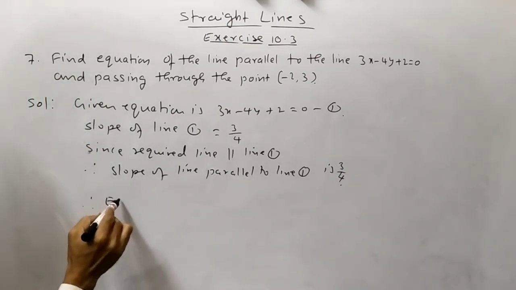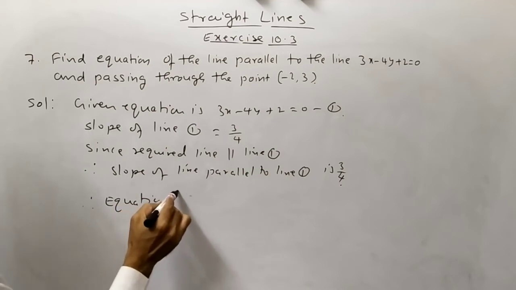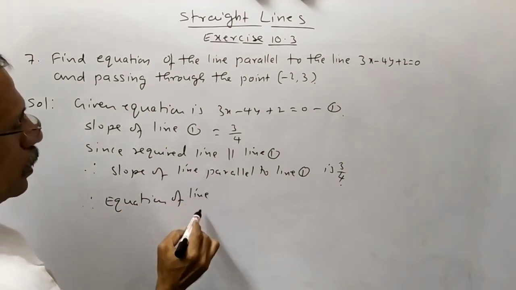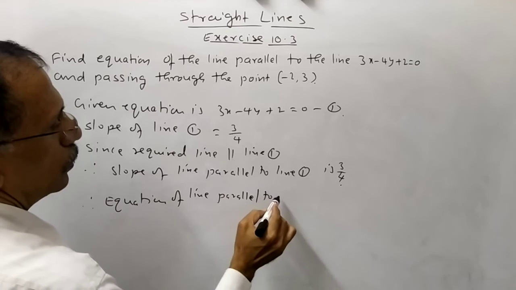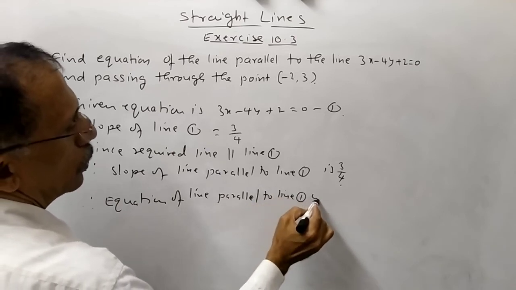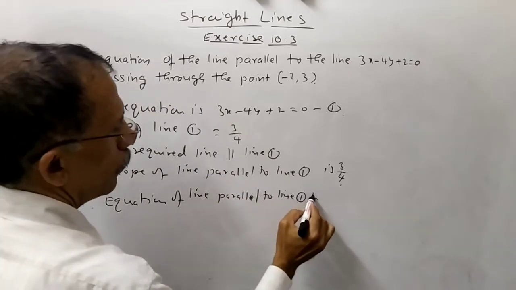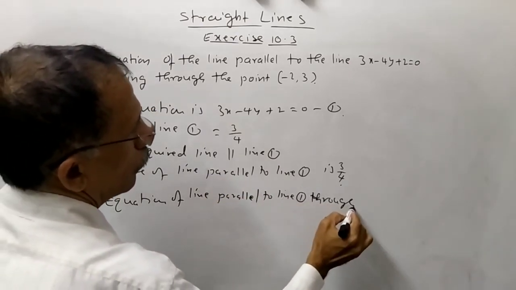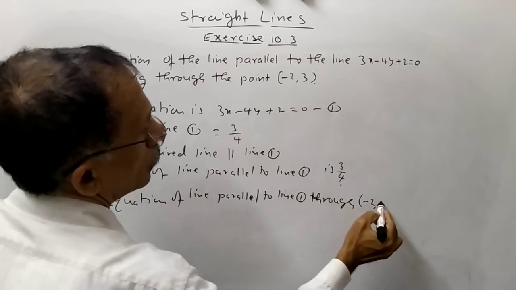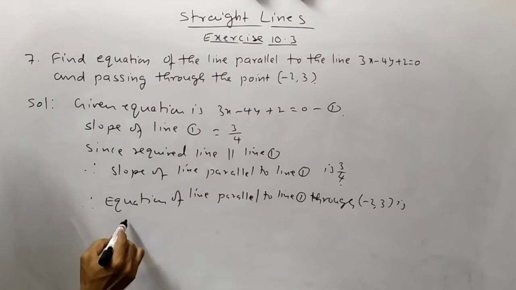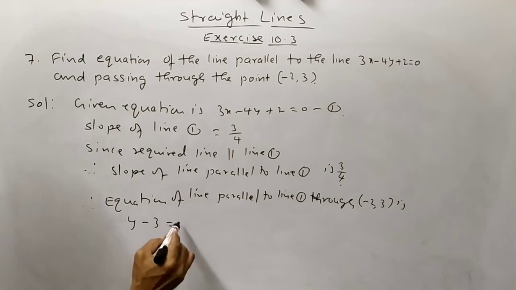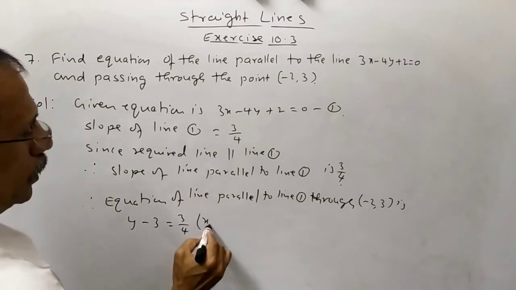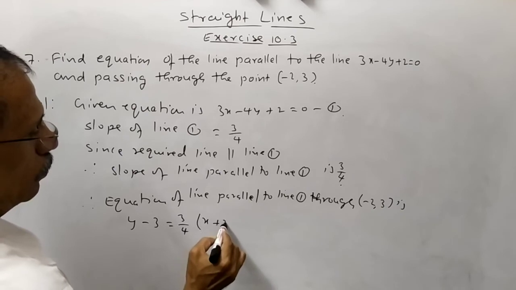Therefore, equation of line parallel to line 1 through point with coordinates -2, 3 is y minus y1, that is 3, is equal to 3 by 4 into x minus x1, that is plus 2.